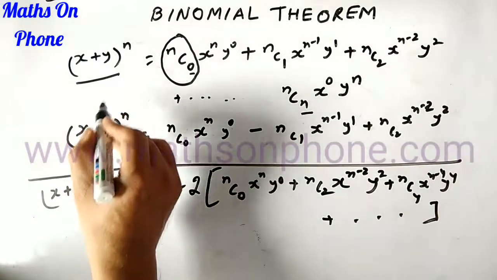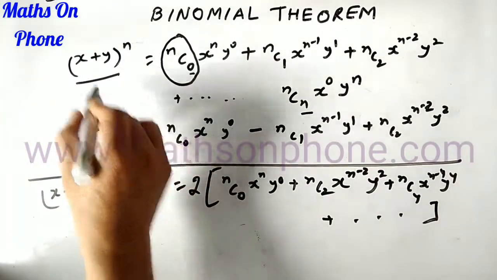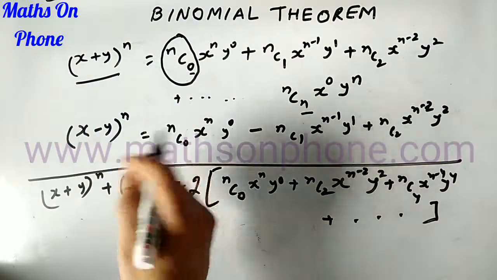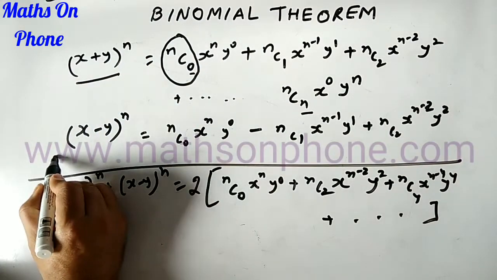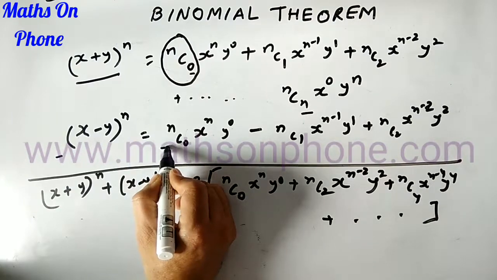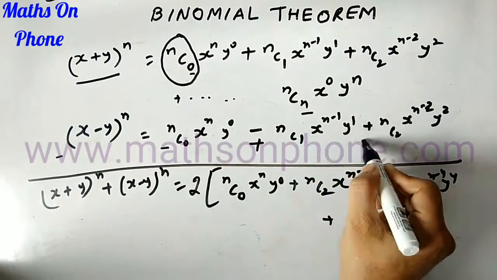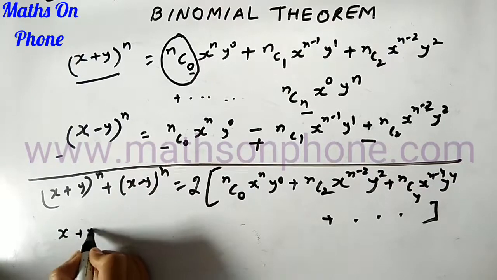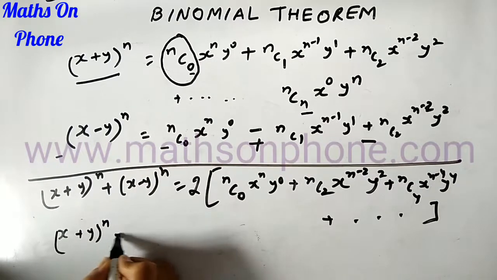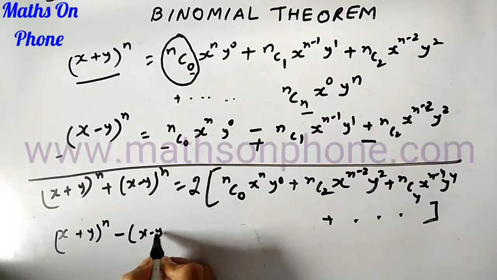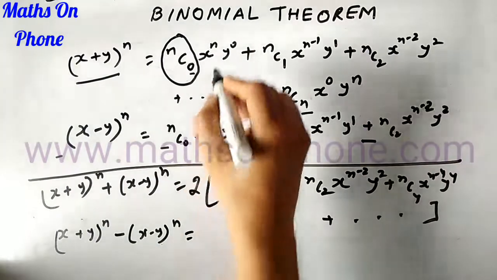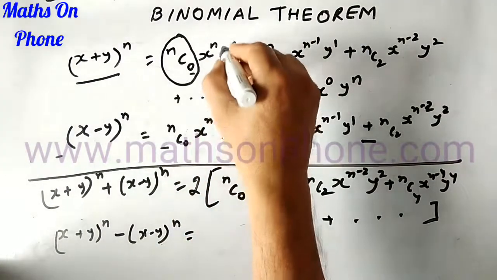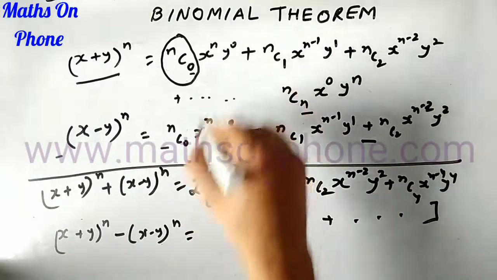If we now subtract (x - y)^n from (x + y)^n, what will happen? On subtracting, the signs will change, here minus, here plus, here minus, like that. What is happening? See here, (x + y)^n minus (x - y)^n. The terms which are containing even power of y are cancelling out.